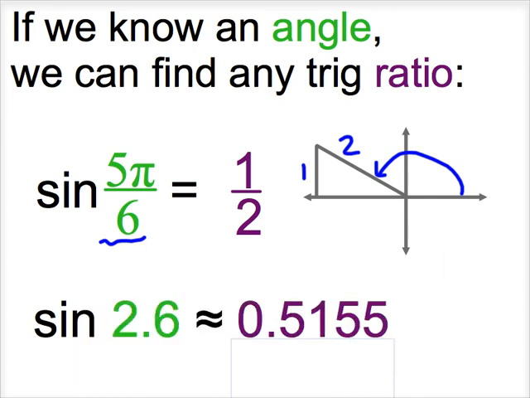But now when we look at those two equations and we say, oh, really, 5 pi over 6 as a decimal is pretty close to this value, it shouldn't surprise us that the 1/2, or 0.5, is pretty close to this value.